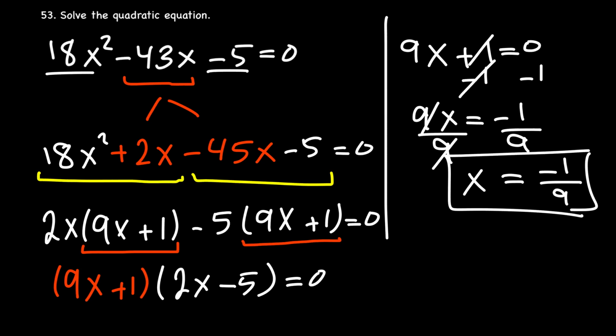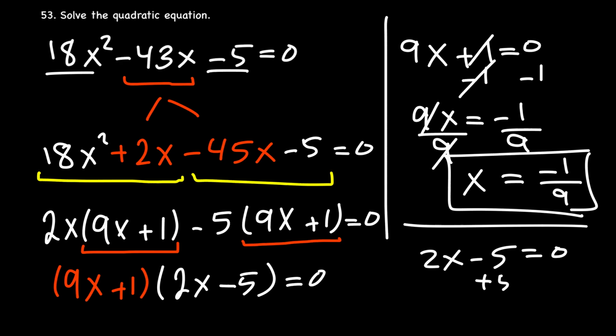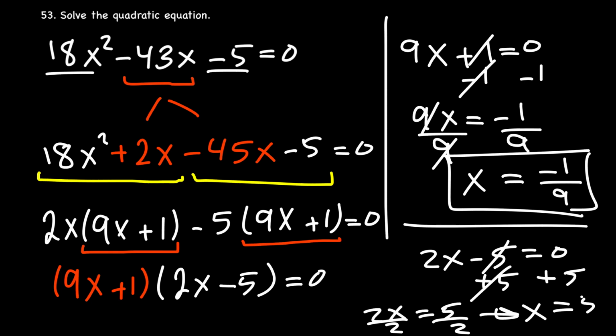Taking the second factor, 2x minus 5, set it equal to 0. I have to add 5 to both sides. This will cancel out. So 2x equals 5. Divide both sides by 2. So in this case, x equals 5 over 2.